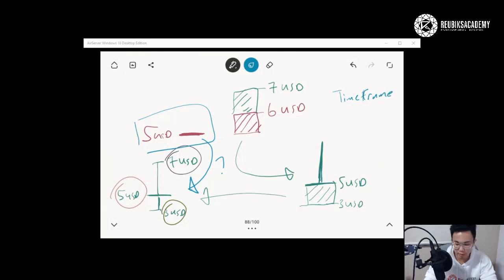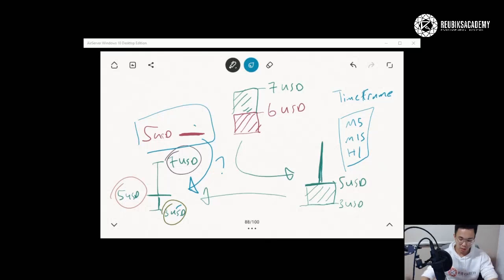So if the time frame is, for example, M5, then this process will be 5 minutes. If the time frame is M15, then the process will be 15 minutes. If the time frame is H1, then it took 1 hour to get from here to here. So it depends on the time frame of the chart.